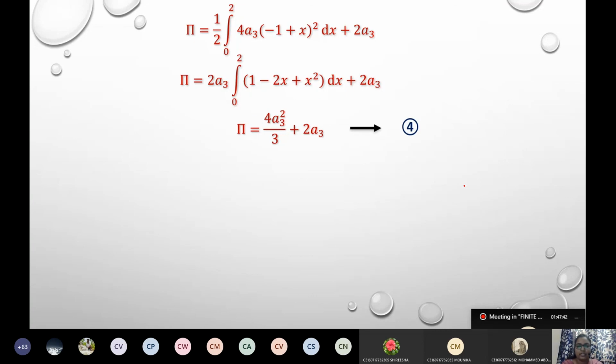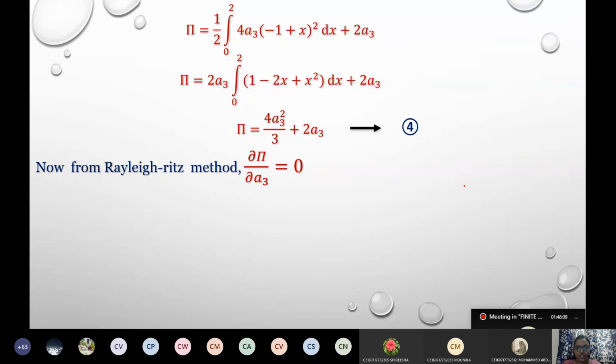So write down, taking this as equation number 4, minimizing equation number 4 and equating it to 0 with respect to A3. Do it and give me the answer for A3. When you differentiate the available potential energy equation and equate it to 0, you will get a finite value of A3, not in terms of anything.